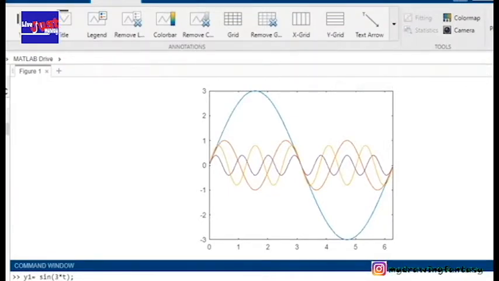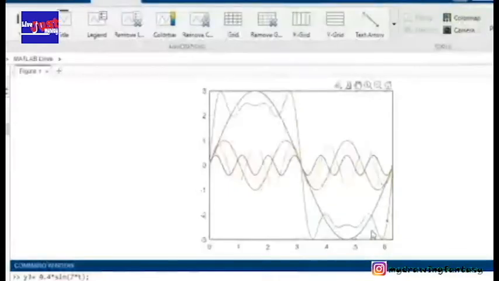Now we add the signals together, and we will plot the individual frequencies and the summation of all the frequencies. By looking at this graph, the green signal, which is the summation of all the sine frequencies, takes a form similar to the square wave, but not exactly.